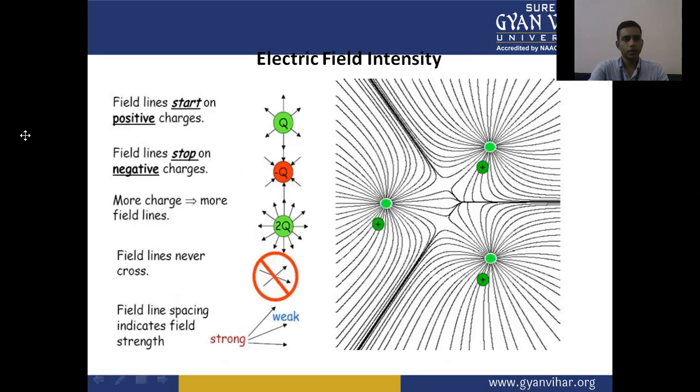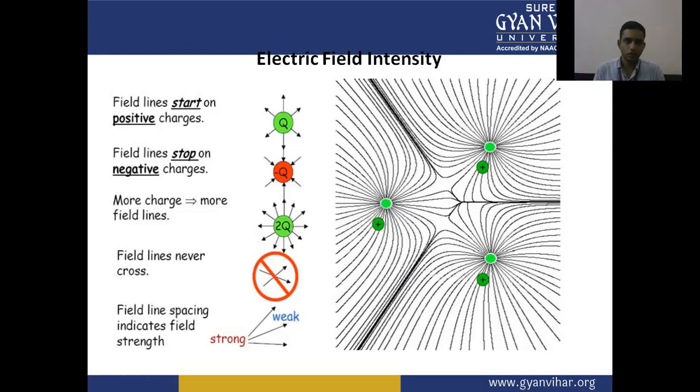Now the field lines start on the positive charge, that is Q. Field lines stop on the negative charges, shown as minus Q. From this, you are able to understand that field lines start from positive charges.